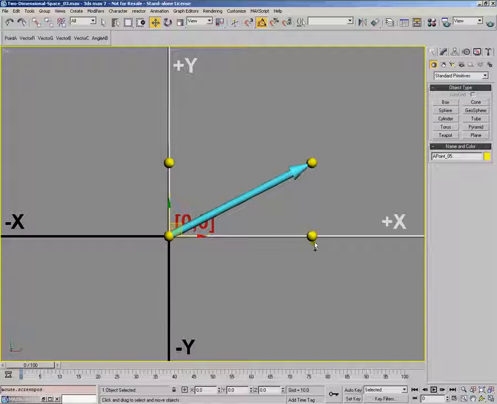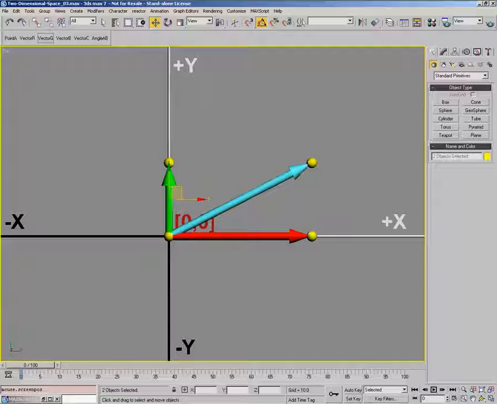We can also represent it as a one-dimensional vector in the space of the x-axis with length equal to the x-coordinate of our point.